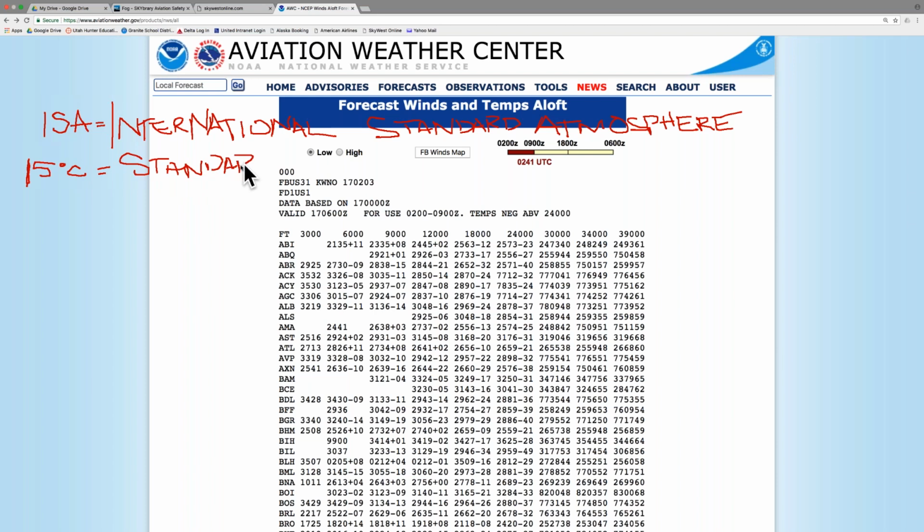I'm not sure how to write the degree symbol on a computer. It's like Control 248 or something like that. Are you on a Mac or a PC? I'm on a Microsoft. It's Control Shift 8 on a Mac. You can Google it.